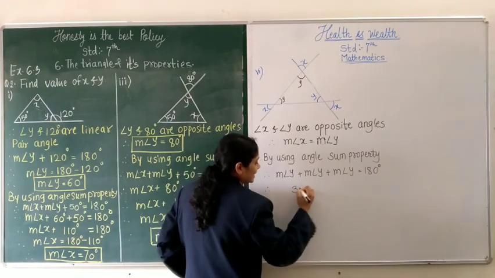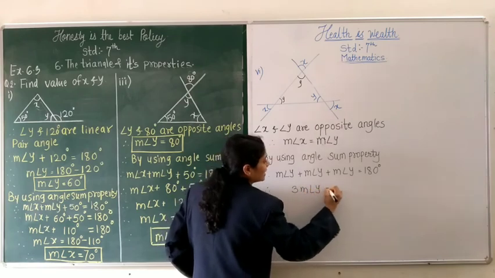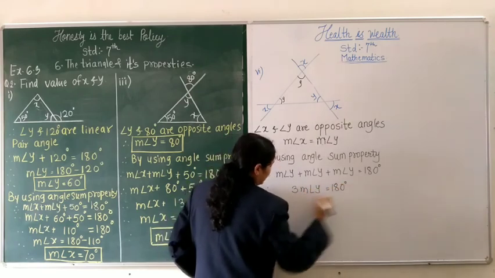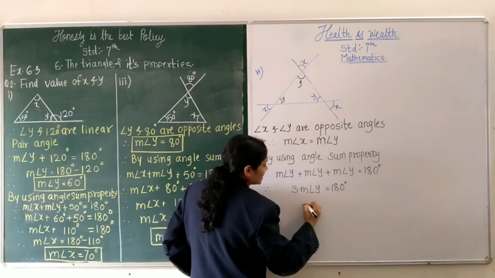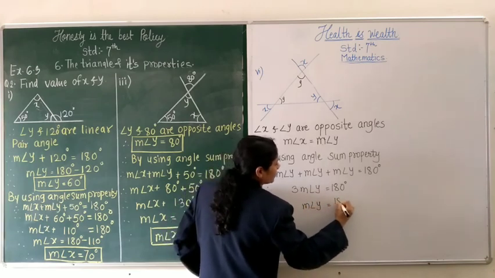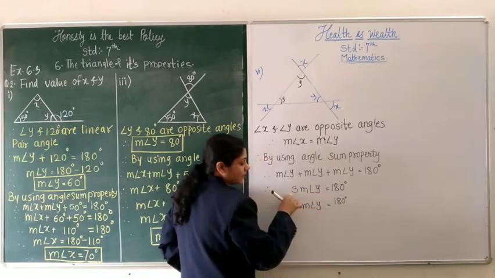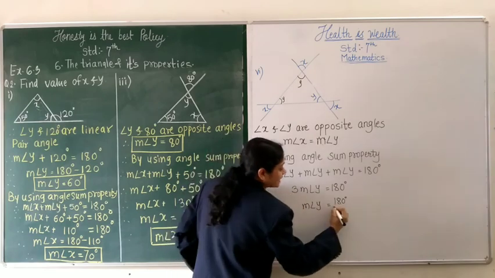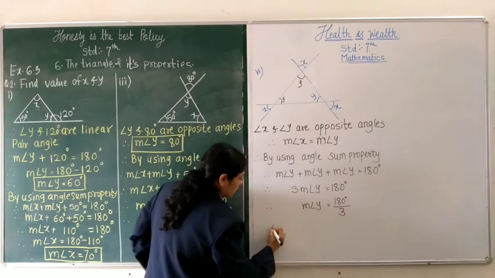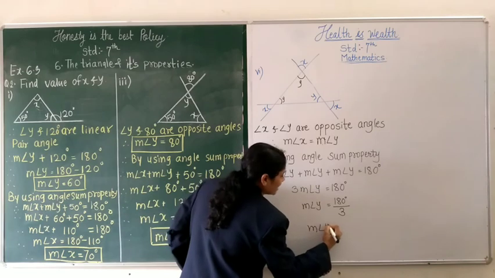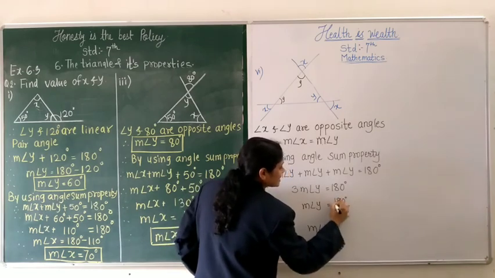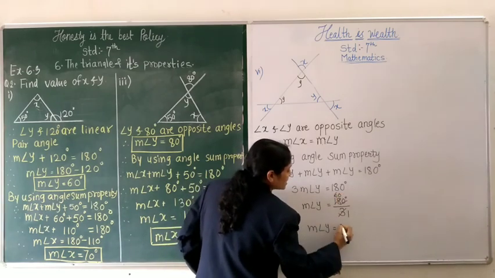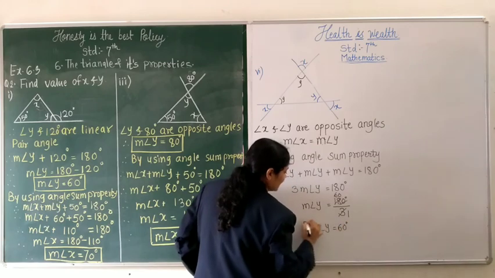So I can directly write 3 times measure of angle y is equal to 180 degrees. So measure of angle y is equal to 180 by 3. 3 is for the multiplication. When I change its place, it will go for the division. So measure of angle y is equal to 3 ones are 3, 3 sixes are 18, 3 zeros are 0. That is 60 degrees.